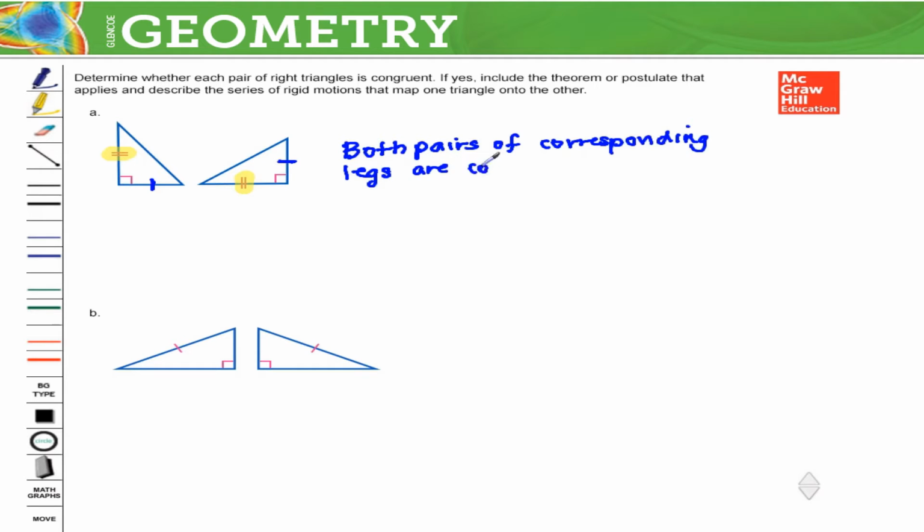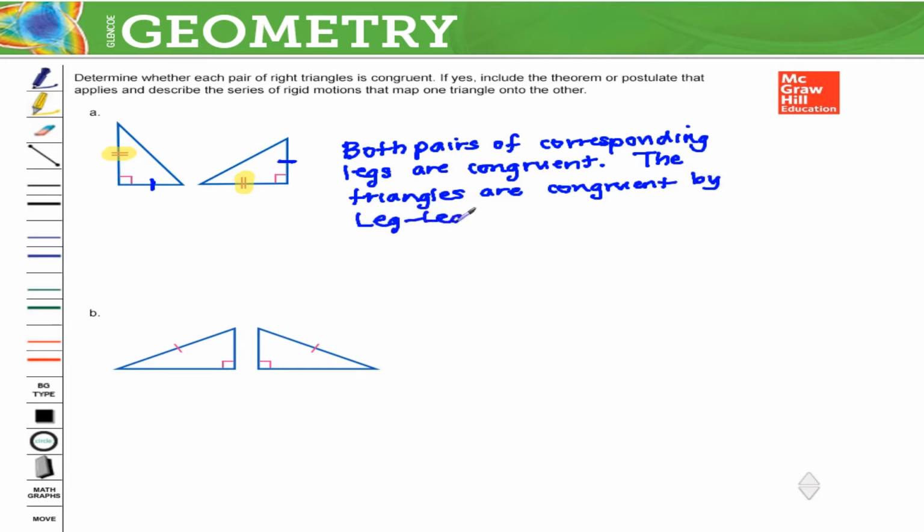So the triangles are congruent by leg-leg. You will often see this abbreviated as LL.